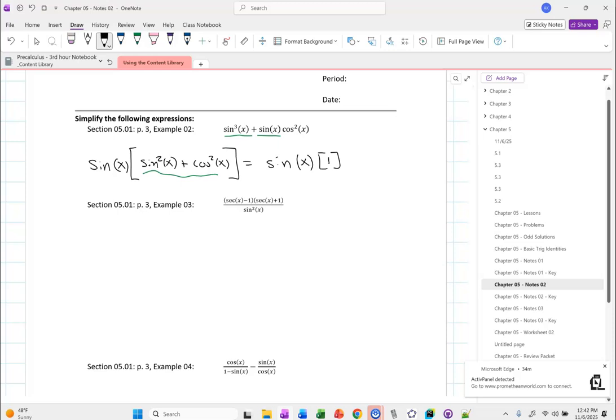That makes things simpler, right? Then what should I do after this? Multiply. Yeah, what's sine x times 1? Sine x. Can we get any simpler than one thing? No. This would be our final answer.